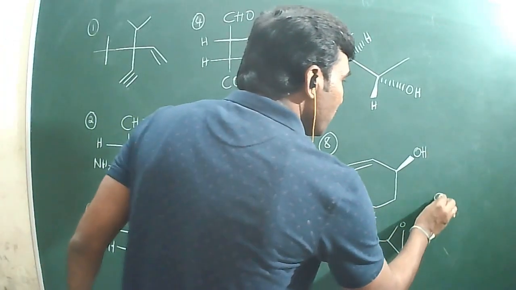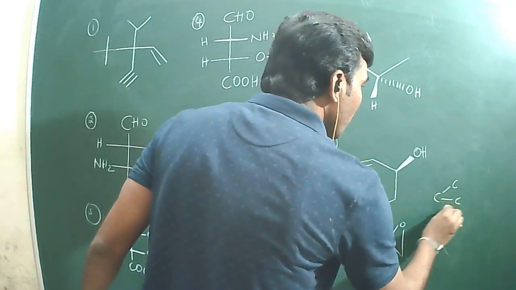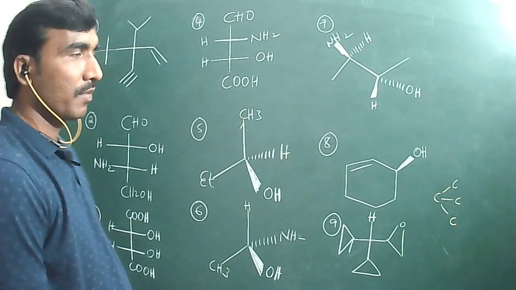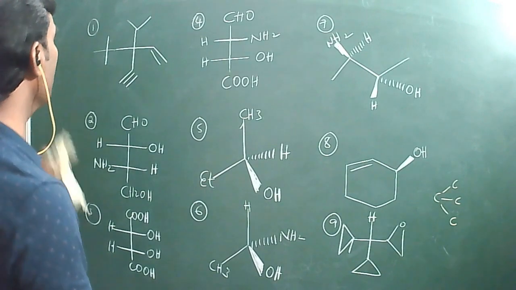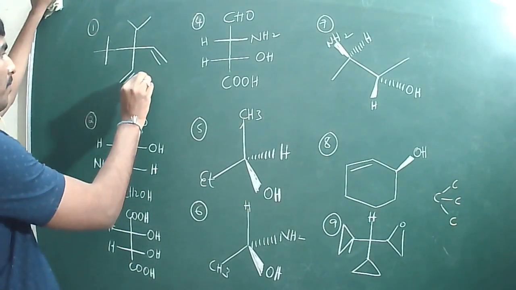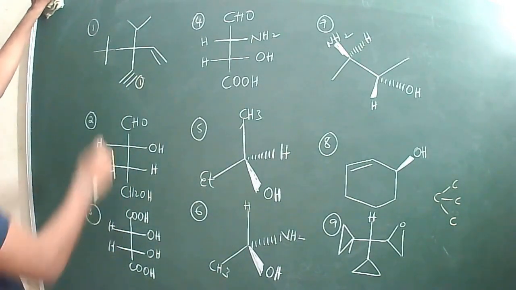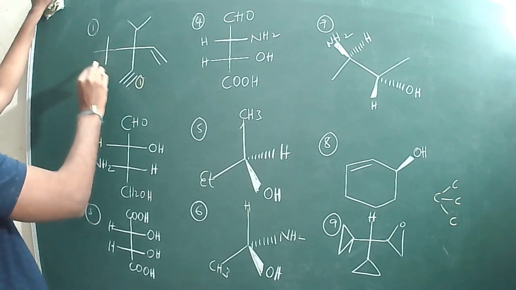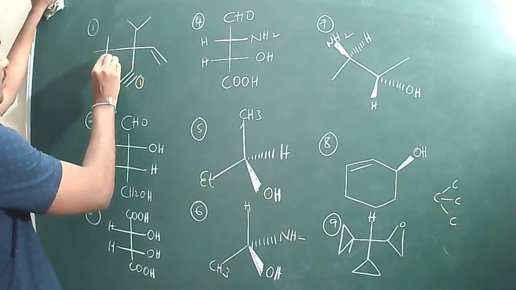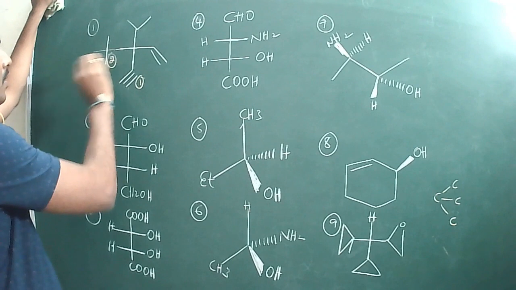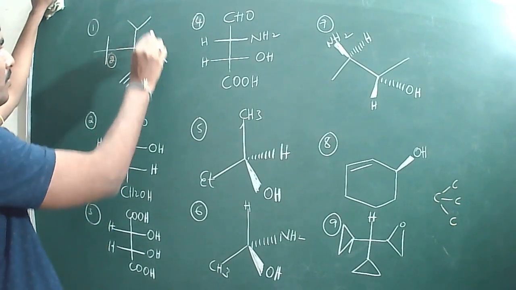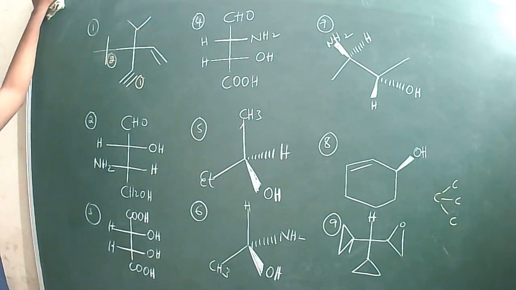That means it is attached with 3 carbon atoms or not? 3 carbon atoms, first priority. Second, tertiary butyl. It is also 3 carbon atoms or not? Next, between these two, double bond or isopropyl? Make sure.